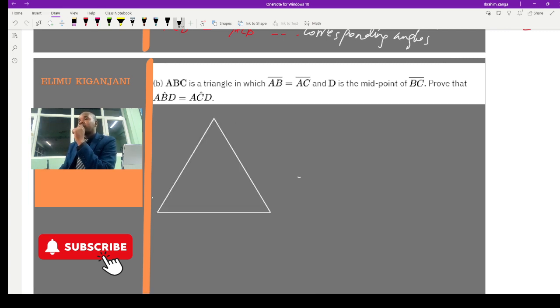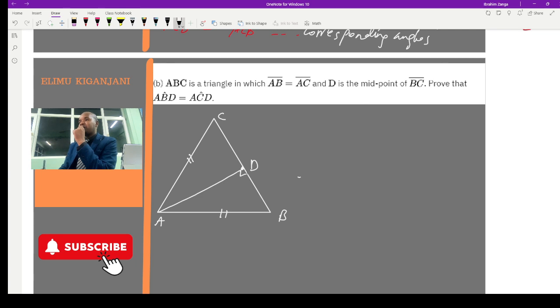With this triangle, you have A, B, C, and D is the midpoint of BC. So D here is the midpoint, and we are told that AC equals AB, and this point is the midpoint.